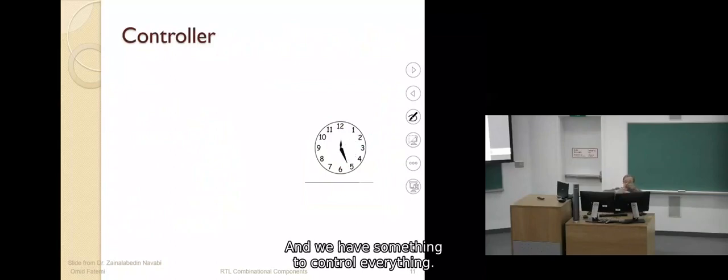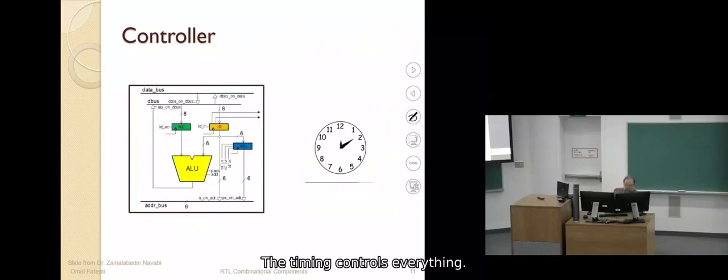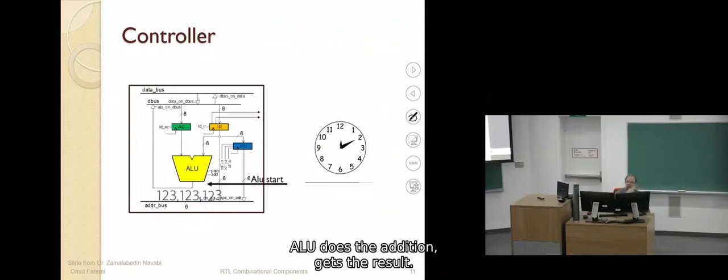And we have something to control everything. It has some kind of timing. At this time, do this, then do this, do this. So it has a timing, and the timing controls everything. It says, for example, ALU, now you do addition, and ALU does the addition, gets the result. Now ALU passes your result to the bus.